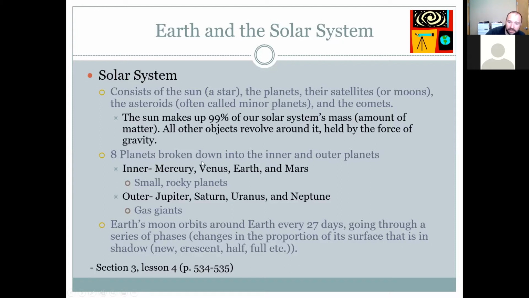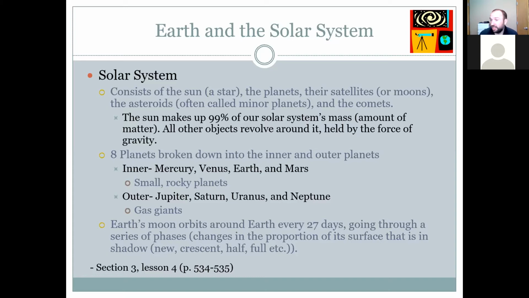But lastly, the other thing to talk about would be our moon and how it orbits. So we know the Earth and all of these other planets are orbiting around the sun. In very much the same way, our moon and other planets' moons are orbiting around those planets. And those orbital paths are dictated by gravity.